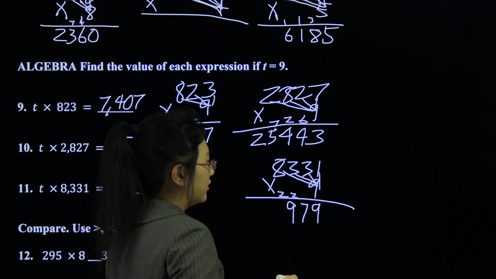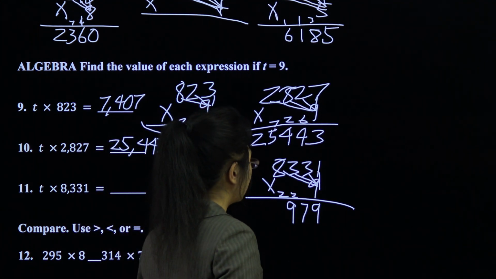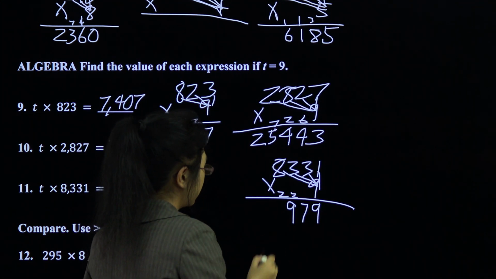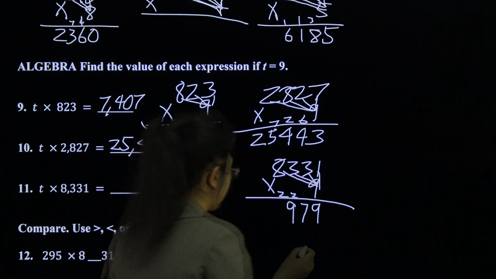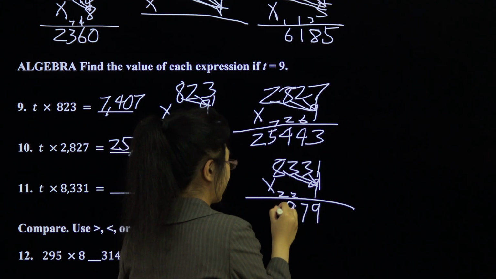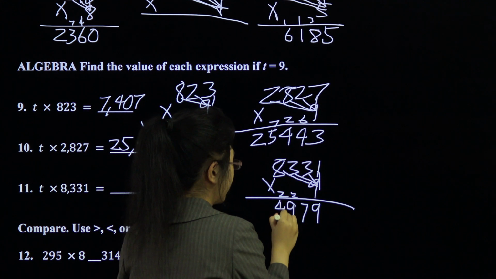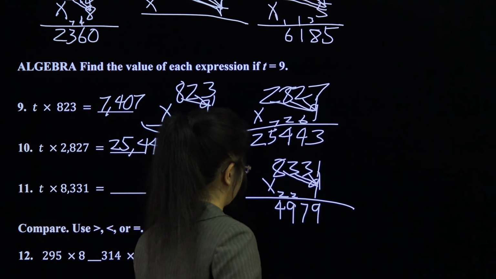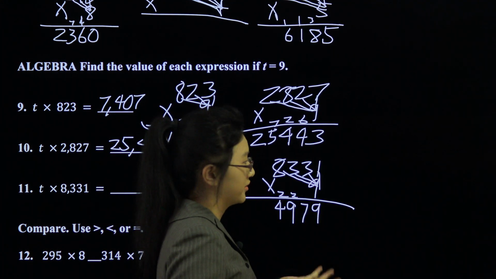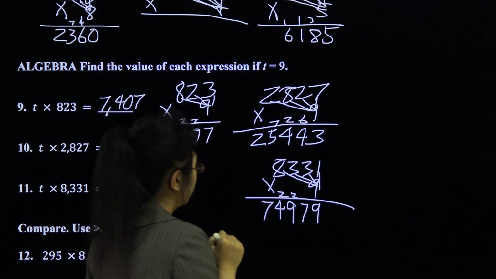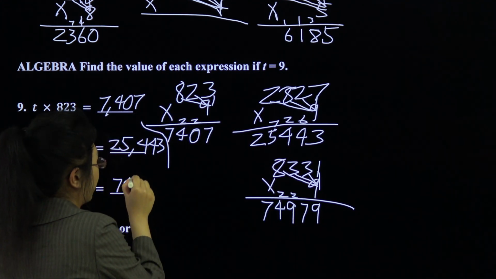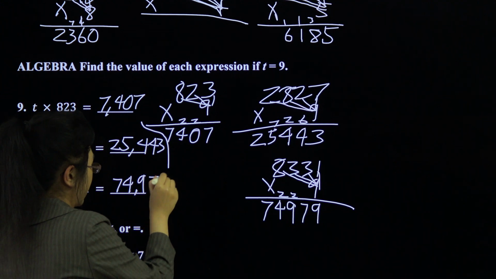And then thousands place, 9 times 8 is 72. Add the regrouped 2, you get 74. And because there's really nothing in the ten-thousands place, you just drag the 7 down. You get 74,979.